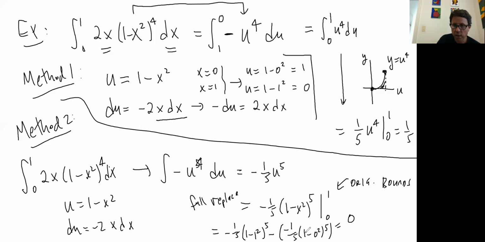This is 1 to the 5th. So 1 times negative a 5th times a negative, I'll get plus 1/5. And I also get the answer 1/5 like I expected, because it's all supposed to be this area. And so whether you replace the u's to give new bounds, or you do all the work, replace the x's back in and use the old bounds, you'll get exactly the same answer.